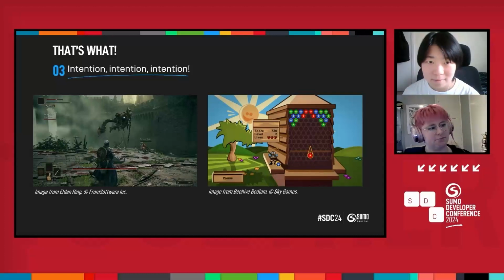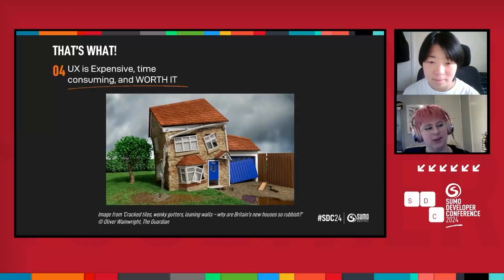So that's why UX is expensive, time consuming, and worth it. Fixing UX in the 11th hour is costly, is what I mean by this. And it's also ineffective. Usually it also means annoying the god out of your existing players if you're making changes to a game that is already live.